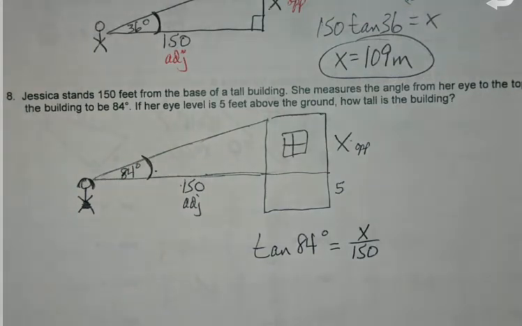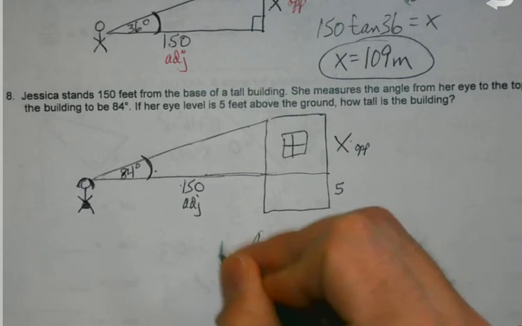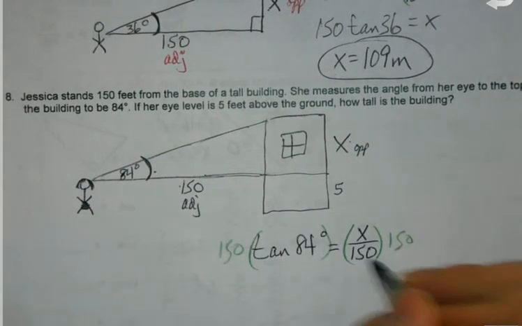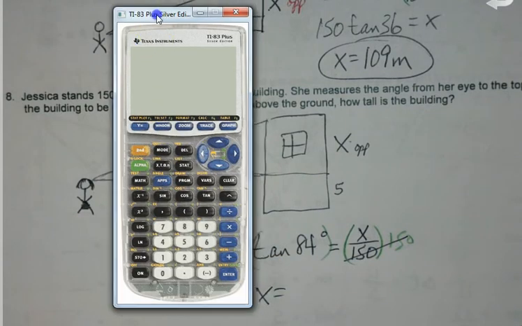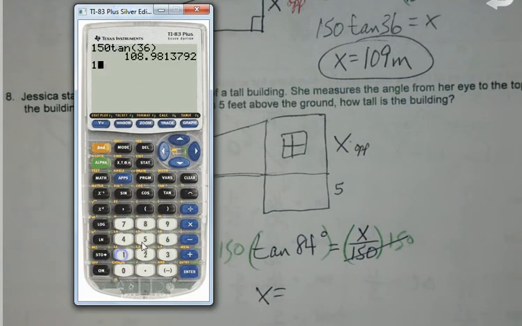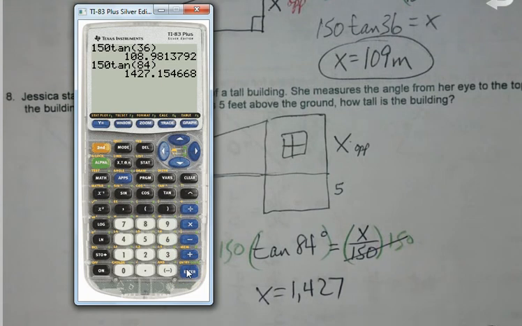I'm going to multiply, again, by the 150. Let's see here. 1,427. Which makes it 1,432.